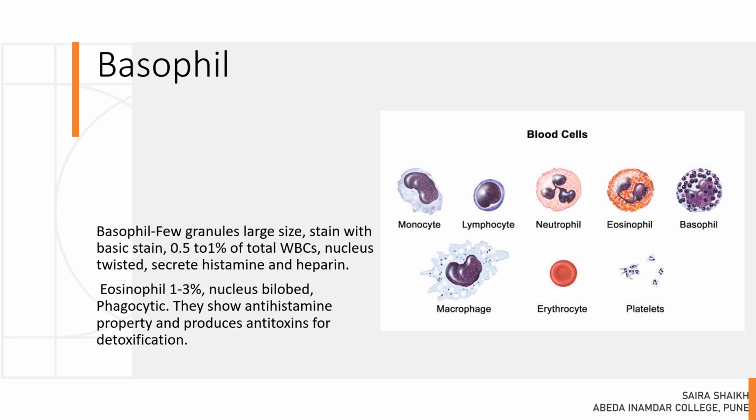The cell gives three types of secretion: heparin, histamine, and serotonin. Heparin is the anticoagulant substance which is added from this cell into the blood, and that's why blood remains in a fluid state. Histamine is the allergic substance.